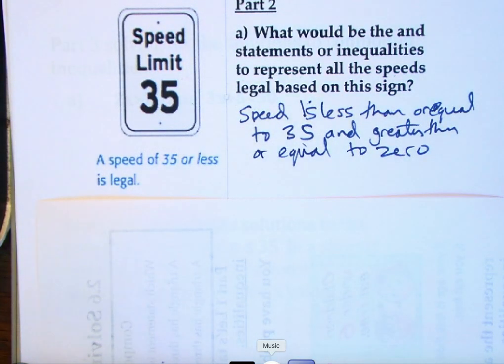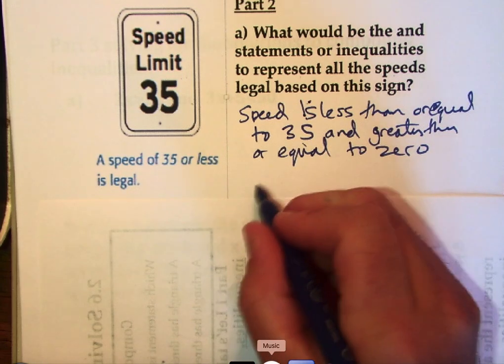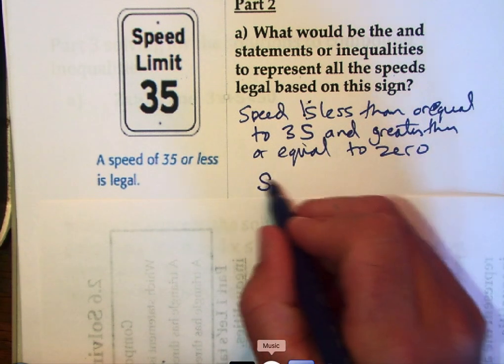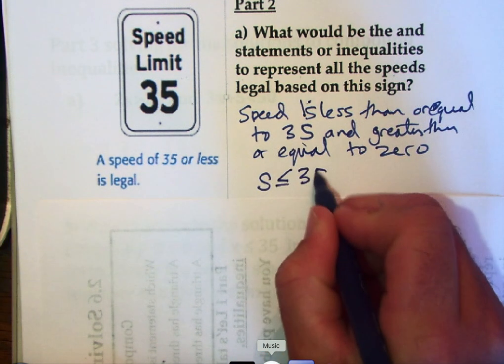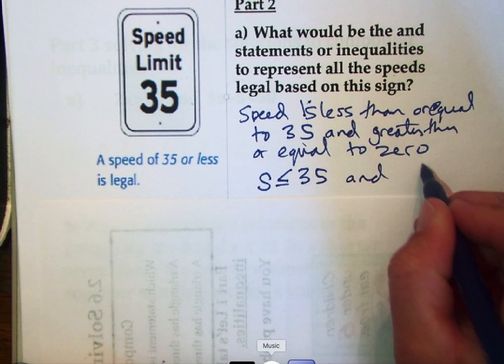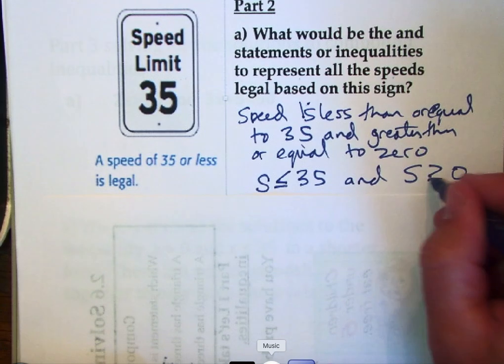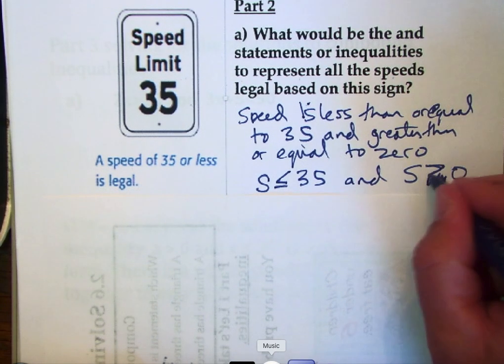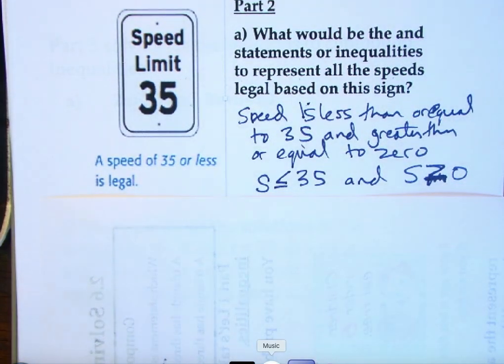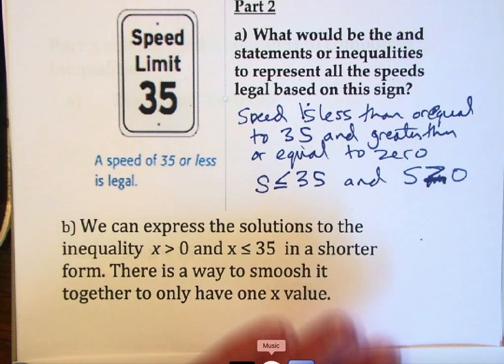Can't be less than 0. Maybe you wrote that the speed S has to be less than or equal to 35 and greater than or equal to 0. Maybe someone said greater than 0, probably greater than 0, right? Oh, can we be equal to 0? Are we breaking the speed limit if we're at 0? Maybe we could see that. Okay.